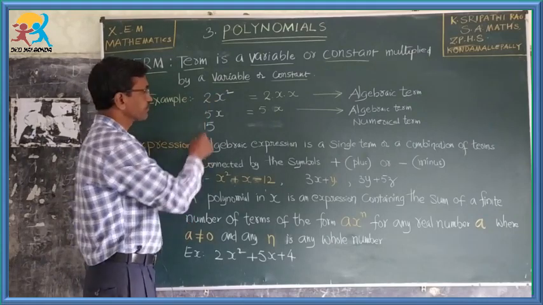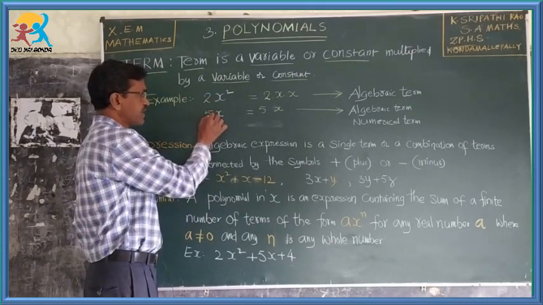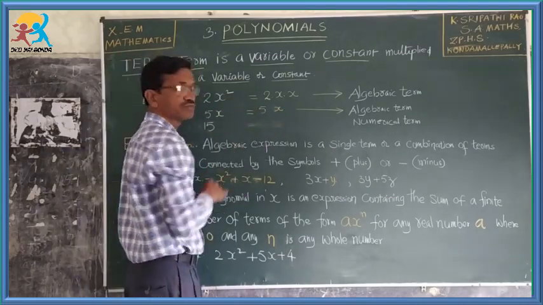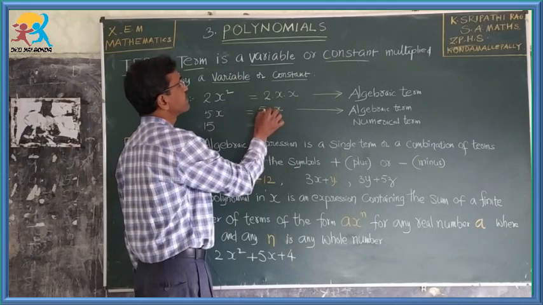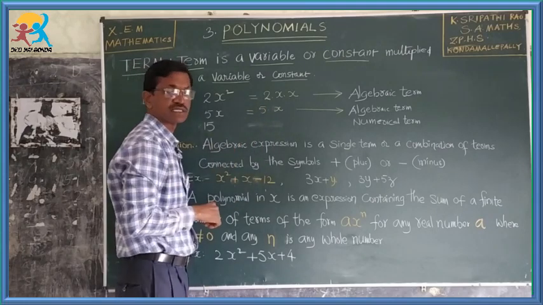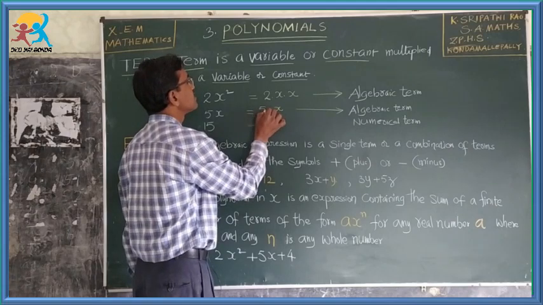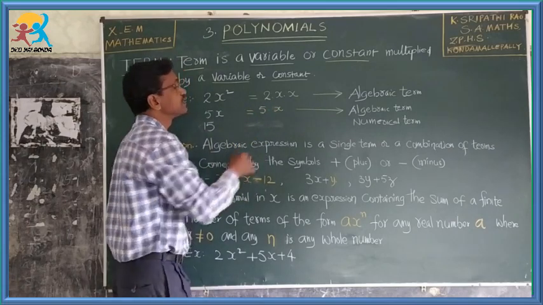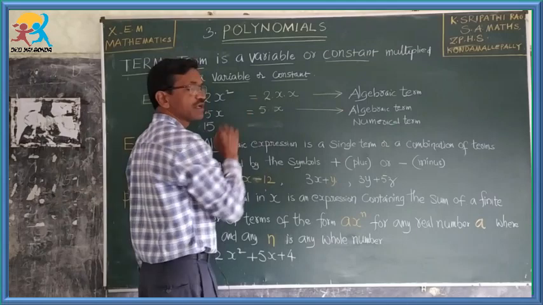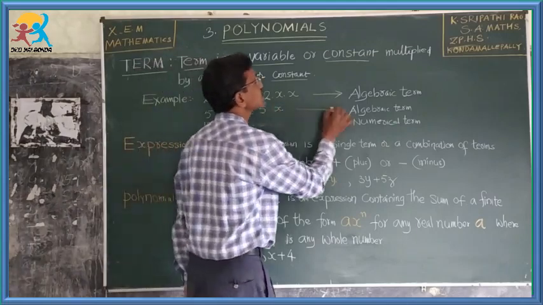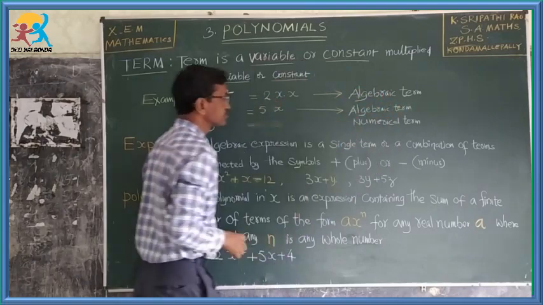Next, second one, we can take another example, 5x. Here x is multiplied by 5, so the product is 5x. The number is called the numerical coefficient. This is called the literal coefficient and 5x is called an algebraic term.